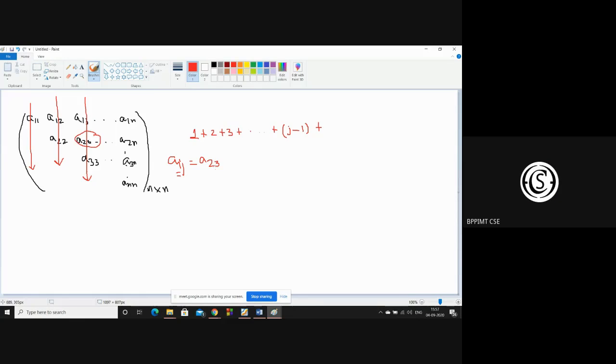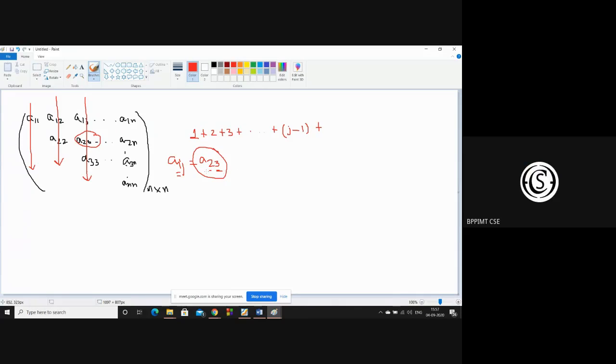This I denotes that at the jth column there will be two entries, right? A23 means there will be two entries at the third column. So at the jth column, how many entries will be there?